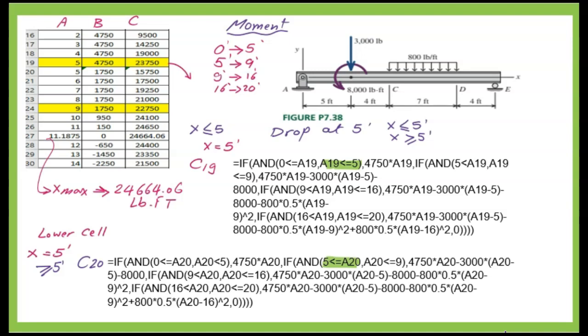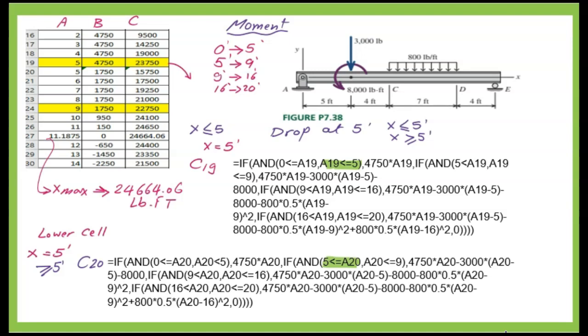Again, minus 8,000, but at bigger than 9, it will start to appear the uniformly distributed moment of minus 800 due to the uniformly distributed load. The moment of the uniformly distributed load will be 800 multiplied by x minus 9 multiplied by 1/2. This is A19, or x minus 9, raised to the power of 2.